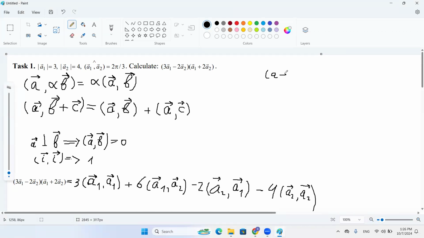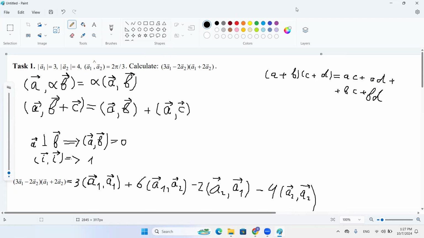Imagine that we have usual numbers. It will look like AC plus AD plus BC plus BD.